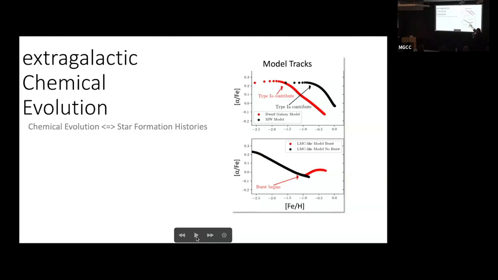If you have starbursts or anything interesting happen in your galactic life, you will get boosts in that alpha as your iron continues. If you have dilution, you will dilute the gas and kind of step backwards and then work forwards, and you'll get these sharp features. And so those are the diagnostics that we're going to use.